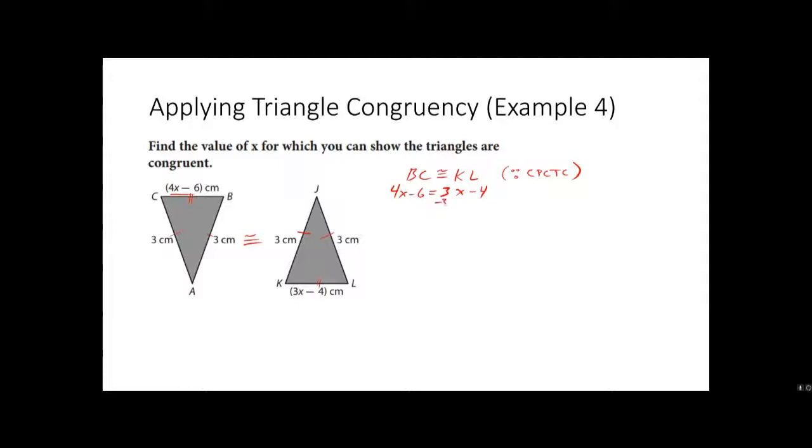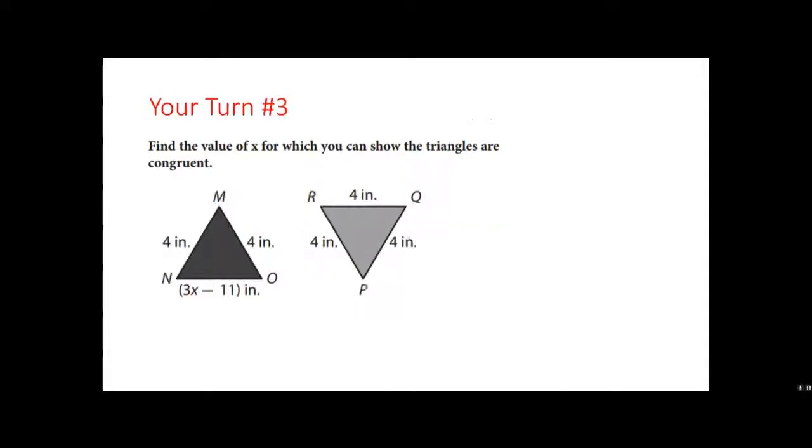We're going to use a subtraction property because I'm just wanting to isolate the x. Get rid of the negative 6 with a plus 6. What you do to one side, do to the other. So 4x minus 3x is 1x, and negative 4 plus 6 is 2. They just want us to find the value, so there's our value for x. x equals 2. And if you plug it back in, they should be the same, for the centimeters.